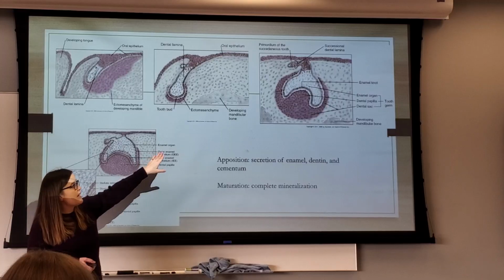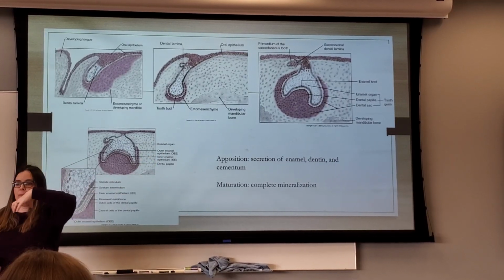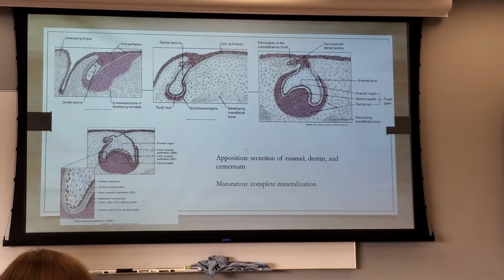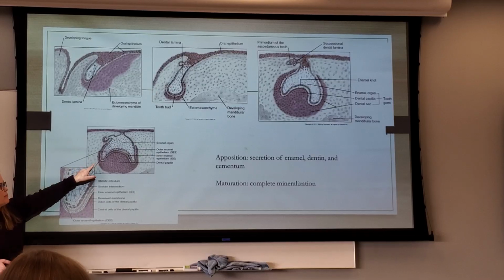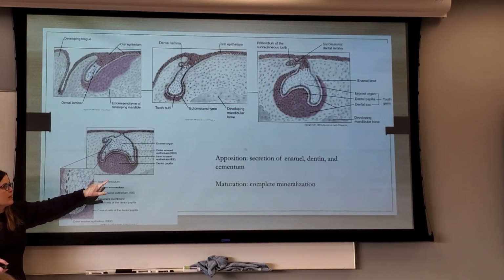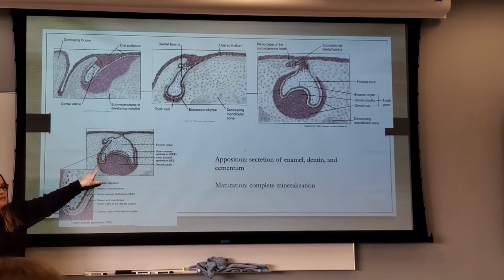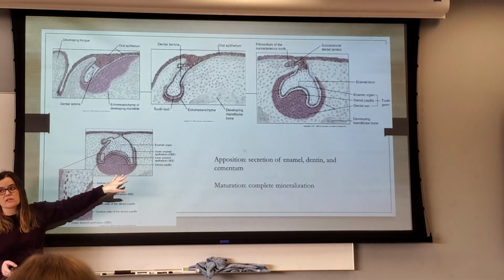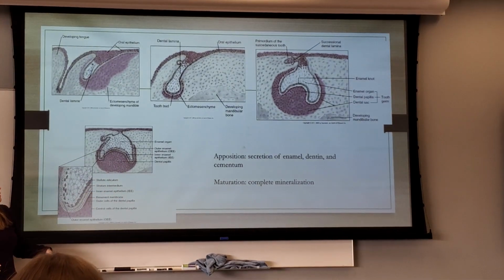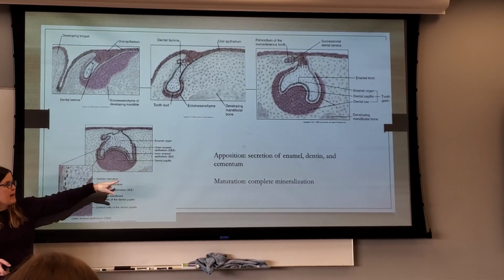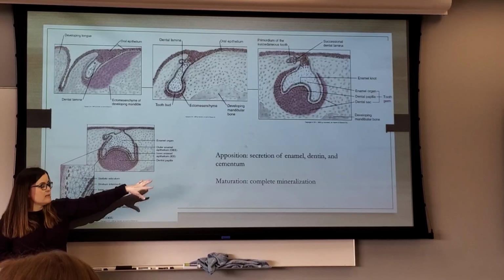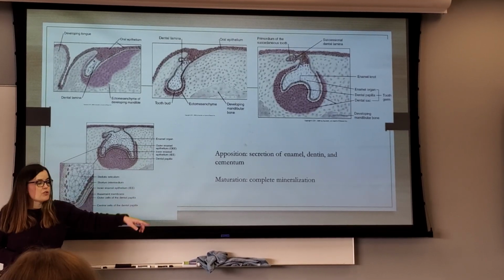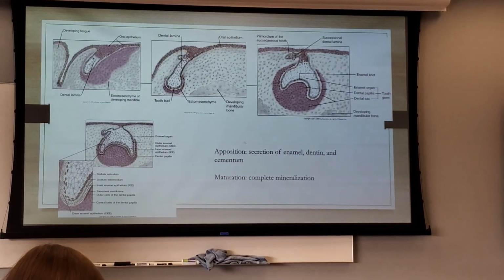Then we go into a cap, so it's just a nice little rounded cap there. And then we start to deepen it even more. We're getting more of a pointy end of the cap. That's when we become the bell stage. Then we go to apposition, which is secretion of enamel, dentin, and cementum. And then maturation is the complete mineralization of those structures.